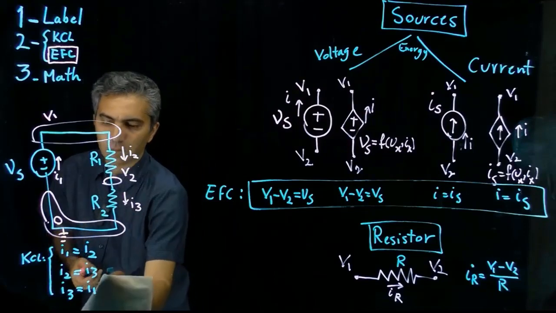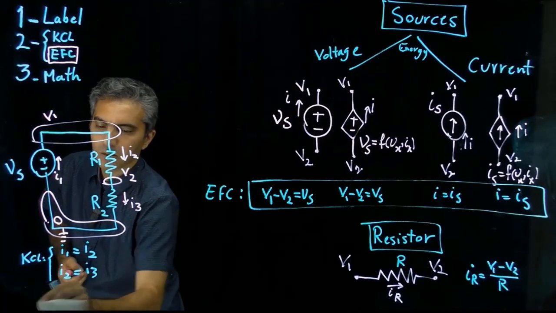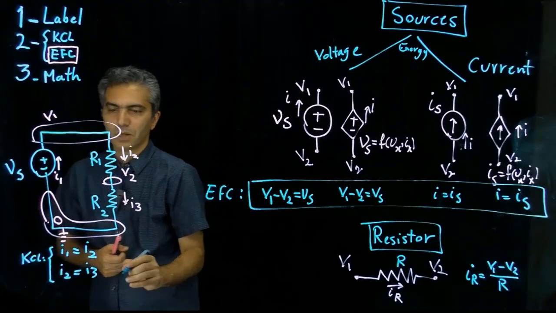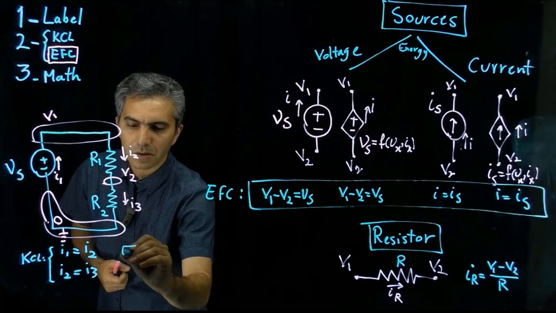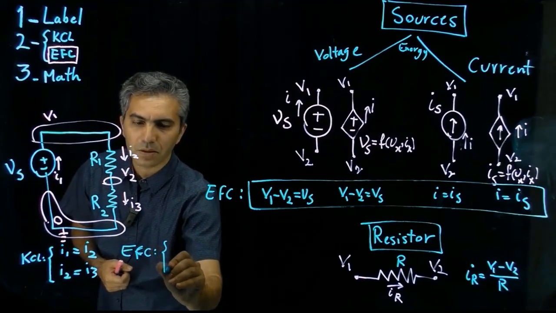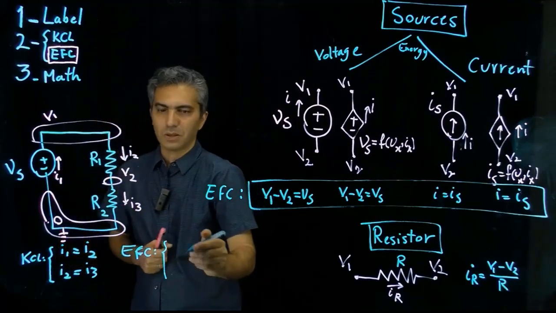So that said, I'm going to remove it to avoid unnecessary complexity. So now, equations for components. How many components do we have? 1, 2, 3. There are 3 components in the circuit.